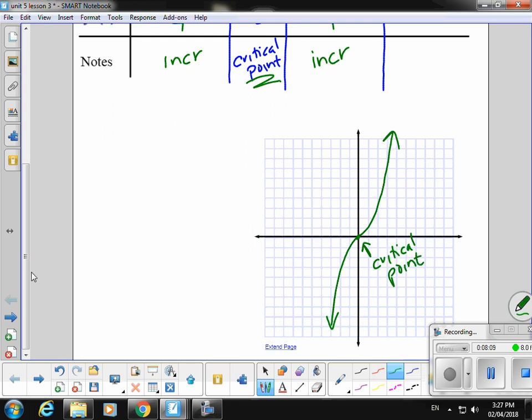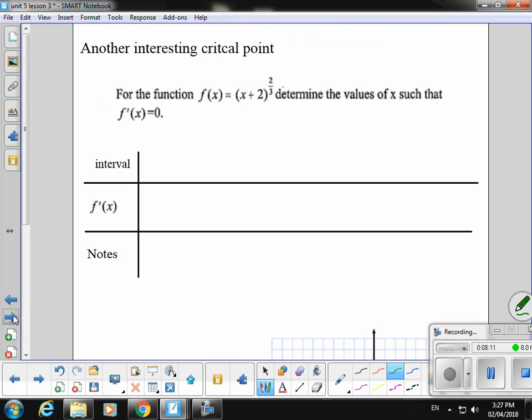Third example. If I have f at x equals x plus 2 to the power of 2/3, I want to find some critical point. So I know that's when the derivative is 0, or possibly when the derivative is undefined. So let's work down here.